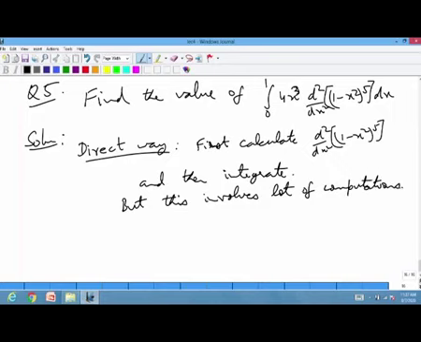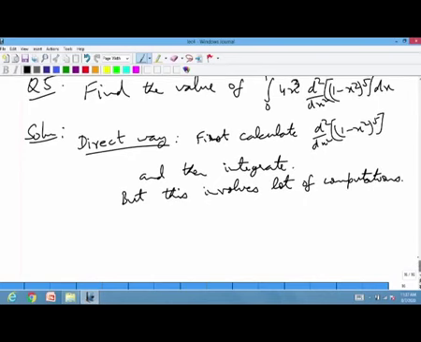So, this will be a lengthy process, because we have to take derivative 2 times of this, then multiply by 4 x cube, then integrate it. So, that will be a huge polynomial, and this will take too much time. So, a smarter way is to use the integration by parts formula.